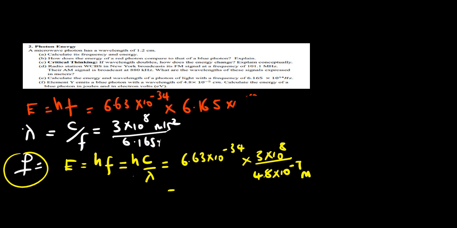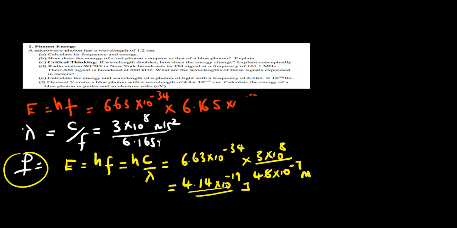Now when I solve this on my end, 3, the speed of light, divided by 4.8 times 10 to the power negative 7, the answer multiplied by 6.63 times 10 to the power negative 34, I'm getting 4.14 times 10 to the power negative 19 joules. This is energy. So we found the energy.